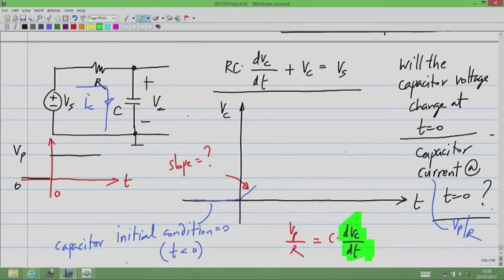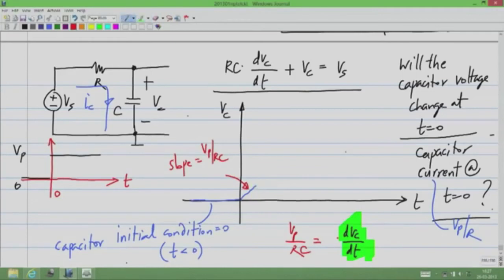So clearly that is equal to Vp by RC. Okay, so the slope at t equal to 0 will be Vp by RC. So it increases a little bit. I have shown it with this blue line over here.